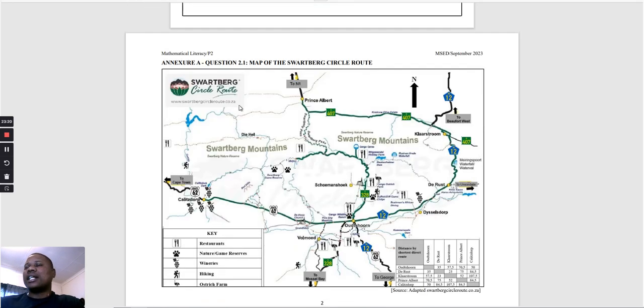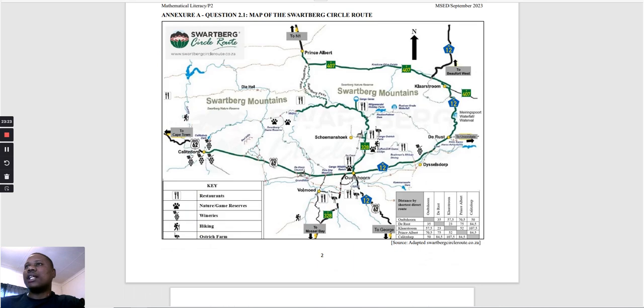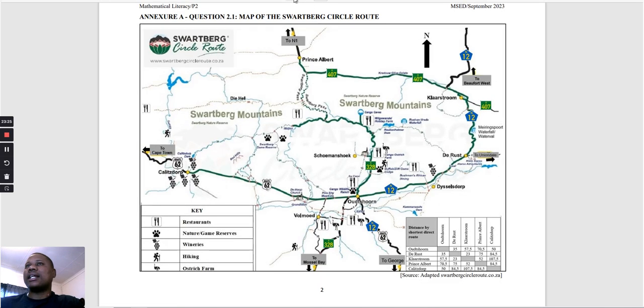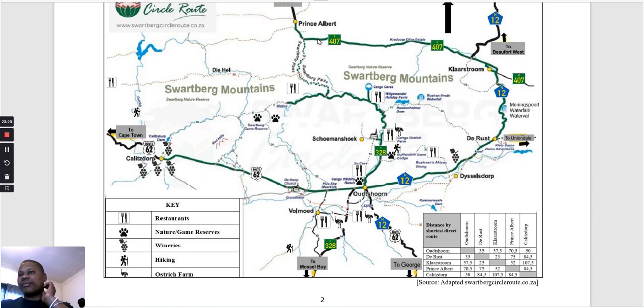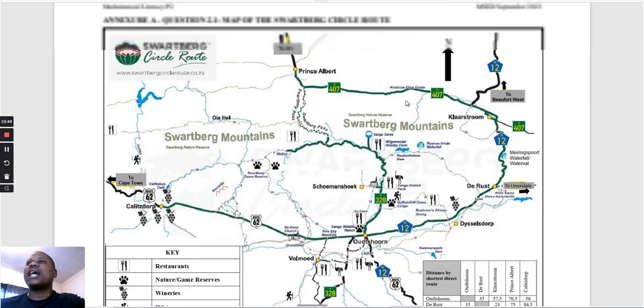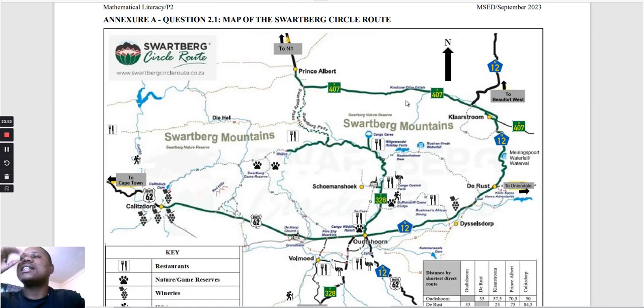Let's go to annexure A. Let me zoom it like this. That's what is important. So we have the key: restaurants, nature game reserve, the wineries, hiking, the ostrich farm. We have the distance map here at the right hand corner, and then we also have the names of the places and the names of the roads.